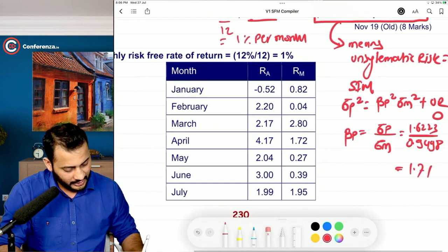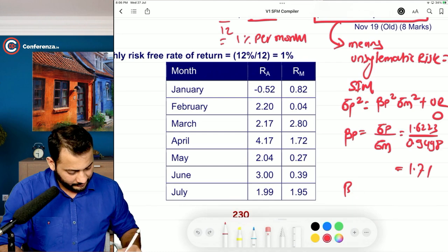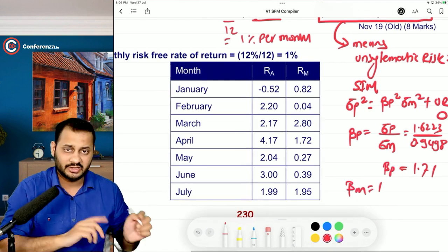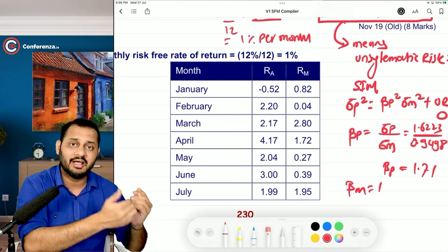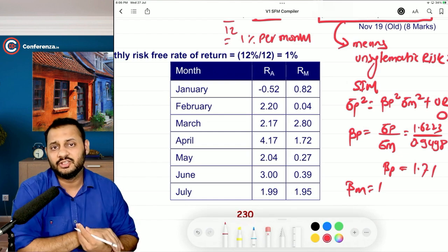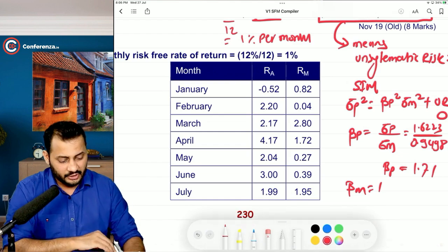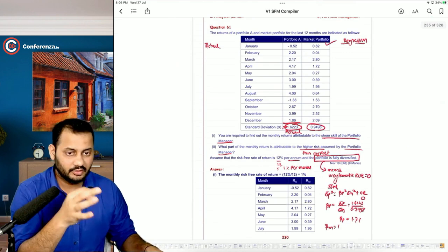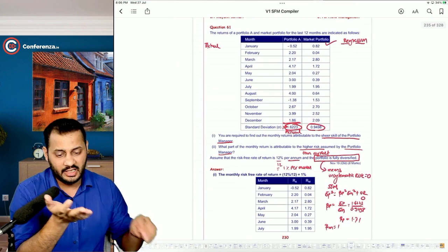That is 1.71. Now it is very apparent that beta of the market is 1 and beta of the portfolio is 1.71, and actually we are taking higher risk than the market. Now the question can be easily solved by taking beta of 1.71. So have you understood the ambiguity? Let me summarize that point.